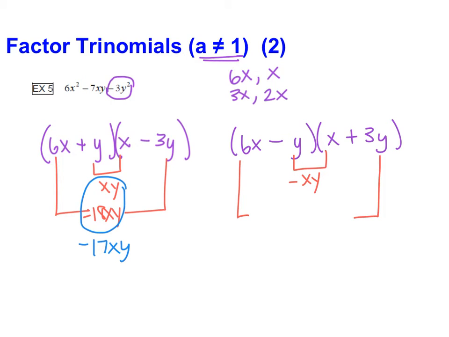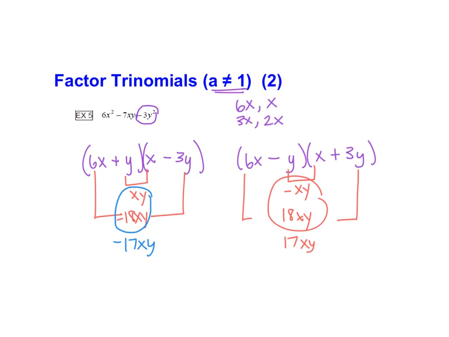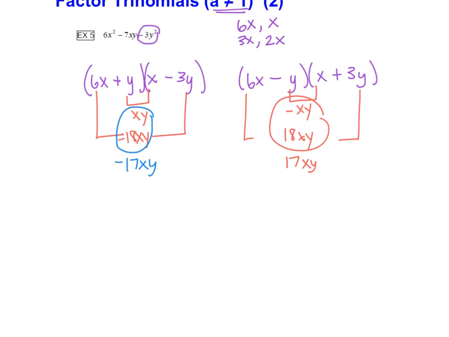The outside term, 6x times 3y, is a positive 18xy. If you combine those, you get a positive 17xy. All right, so that didn't work. So it is possible that it takes a few times to figure this out. So it's nice to show, yep, this is what it takes sometimes.